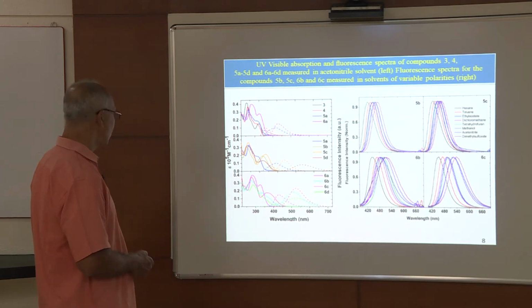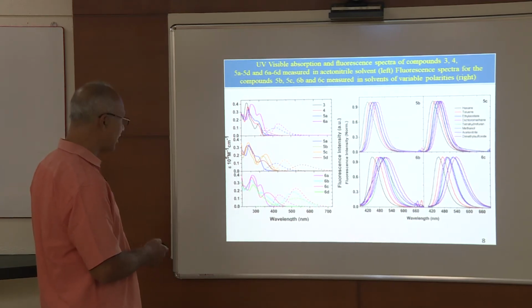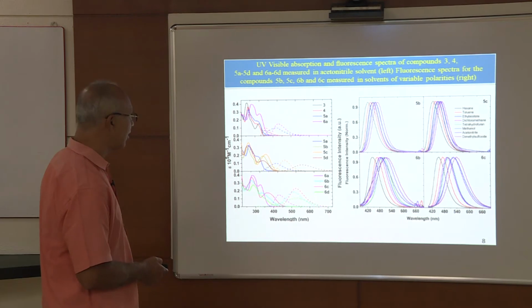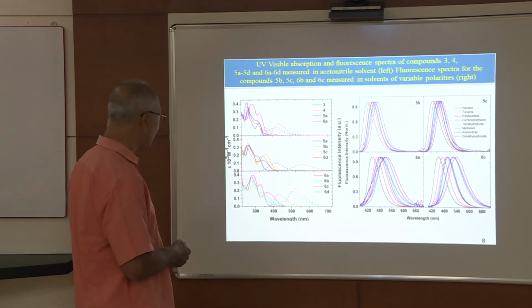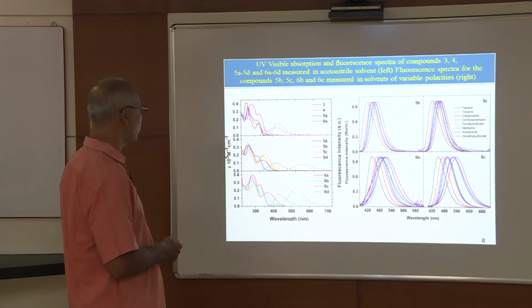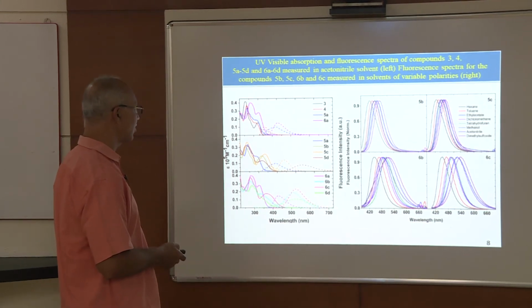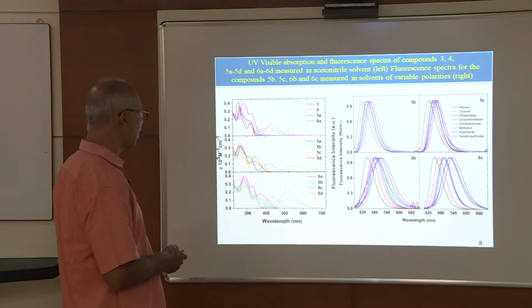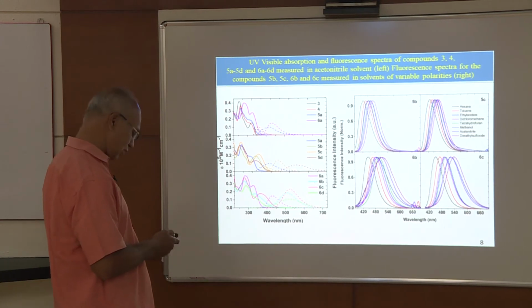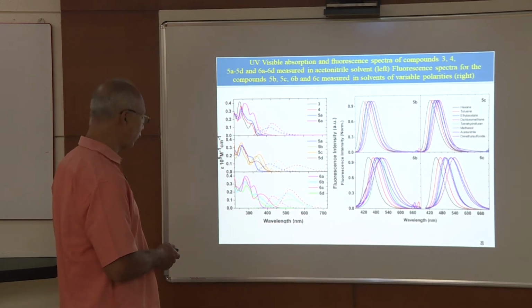We will see it in detail, and before that we recorded the spectra of 5B, 5C, 6B and 6C in different solvents, that is, we studied solvatochromism for these four molecules. Why these 4 molecules?